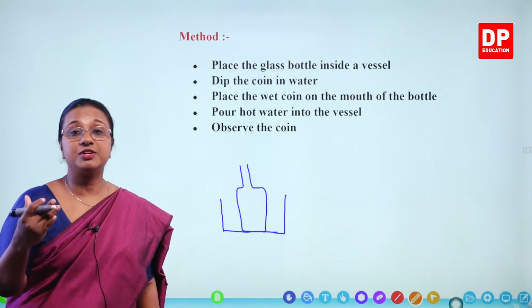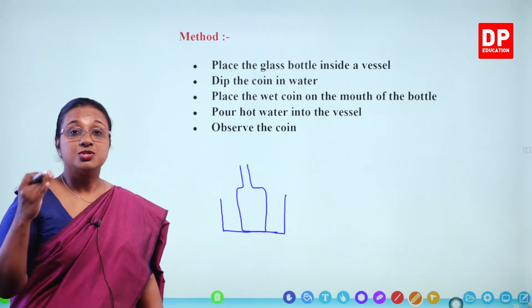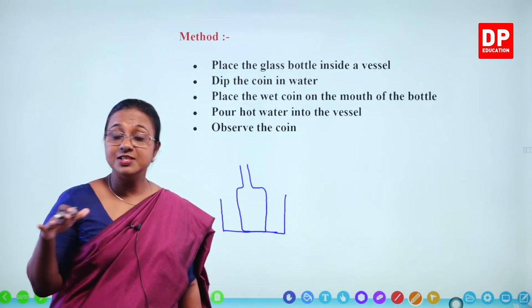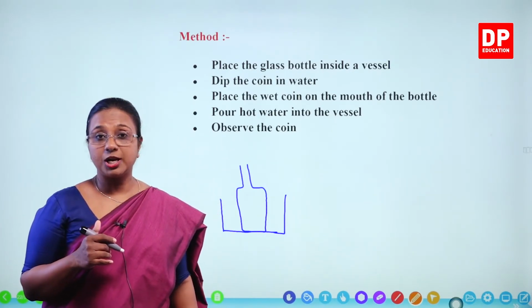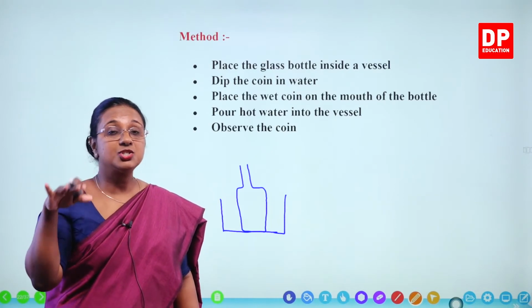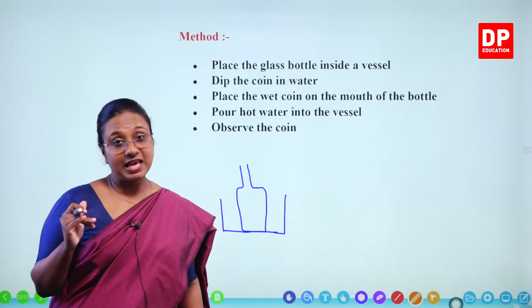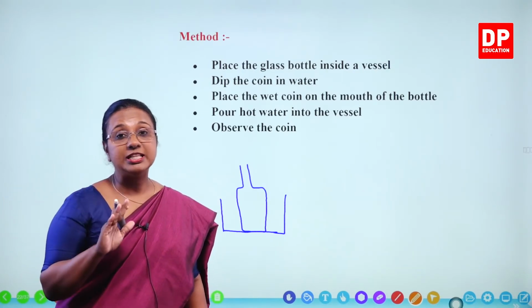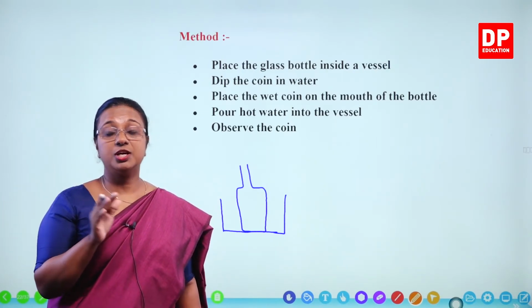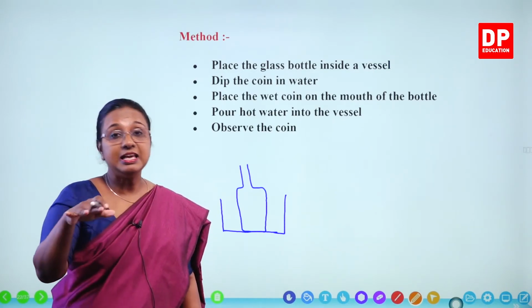Because of that, the surface is not flat. So when you just keep the coin on the bottle, there can be spaces through which air can escape out, so you won't get the proper observation. To avoid that, you dip it in water so that it becomes even.